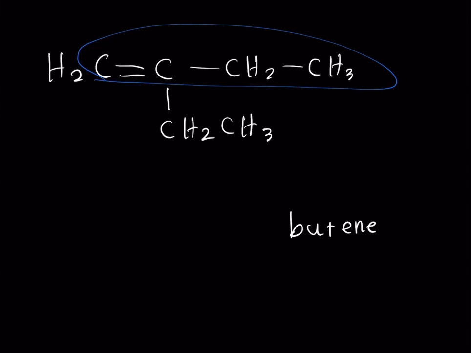And then if we start counting left to right to give the bond the lowest number, it would be this order, and the double bond is in between carbons 1 and 2. We're going to take the lower one, so carbon 1, and then on carbon 2 we have an ethyl substituent, so 2-ethyl-1-butene.